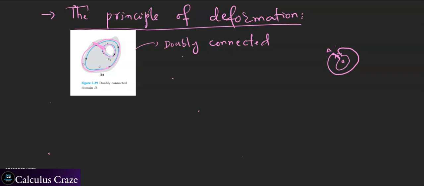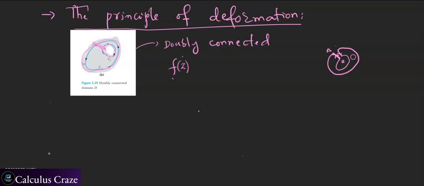If you find any simple closed contour sitting entirely inside, you can shrink it to a point without leaving D. But in the original domain you can't do that. Now suppose I have a function f of z and I want to integrate it.